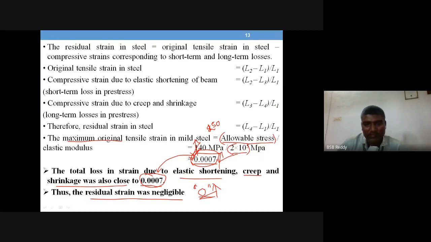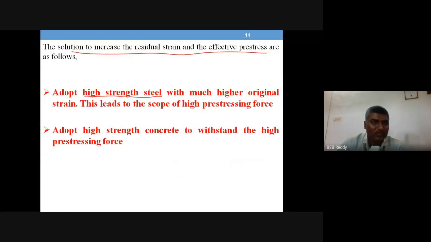So to increase this one, what you need? You need higher grades of steel. So that is what is told. Adopt high strength steel with much higher initial strain. This leads to scope of high pre-stress value or high pre-stress force, and that is not sufficient.